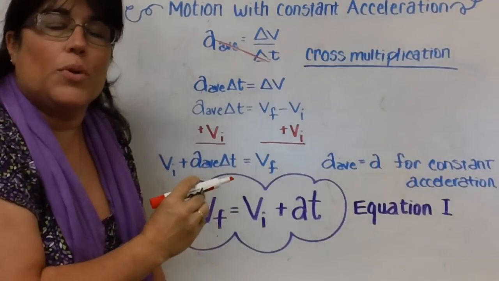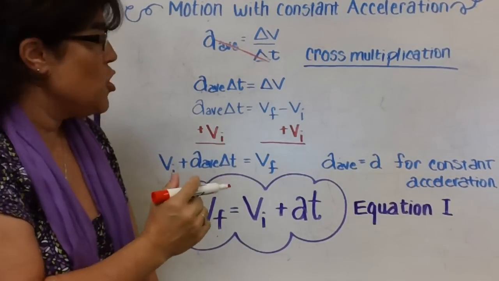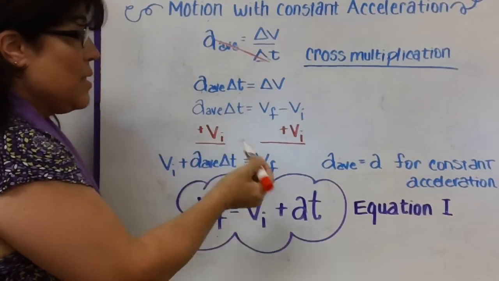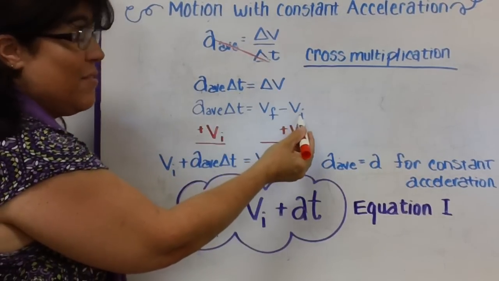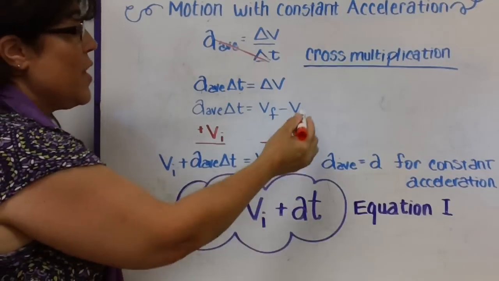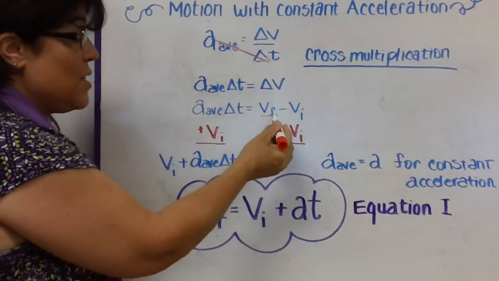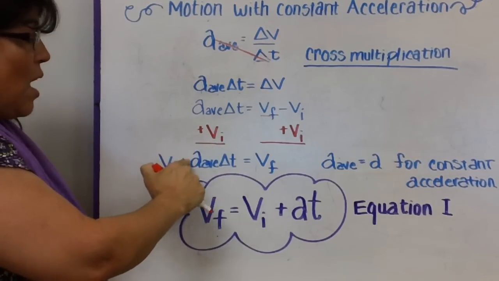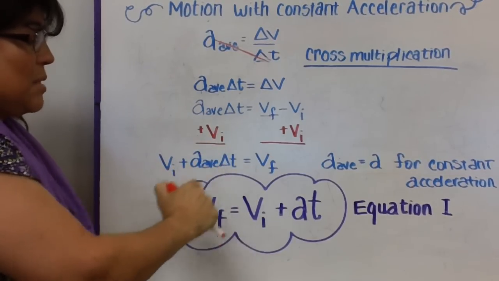Now what we're going to do is some general algebra. We're going to add the initial velocity to both sides of the equation. So here we have negative v initial plus v initial, and that ends up being 0. So what's left is the v final down here. And over here we're going to say v initial plus average acceleration times time.